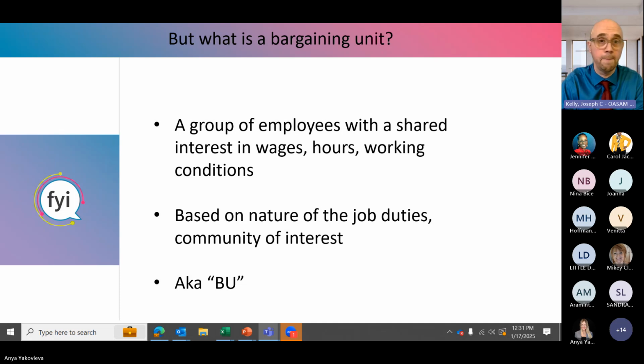with their employer. So for example, at DOL, in the wage hour division, we have wage hour investigators. And all the wage hour investigators, they share a common interest in working conditions. They have similar or the same job duties. They're working toward the same goal. They work in the same office. And so they have a certain community of interest.